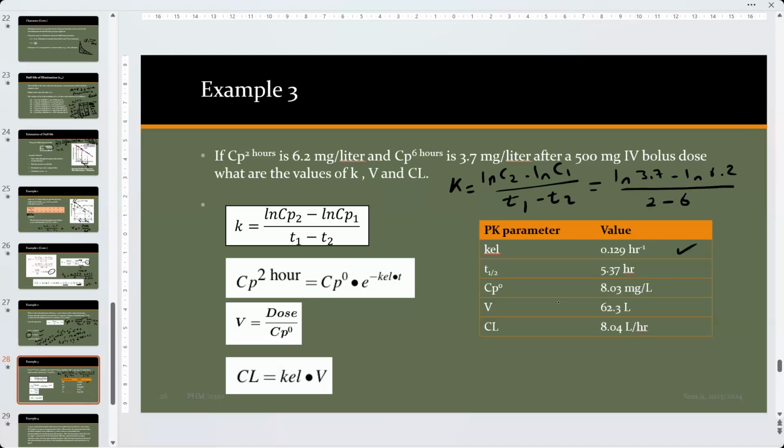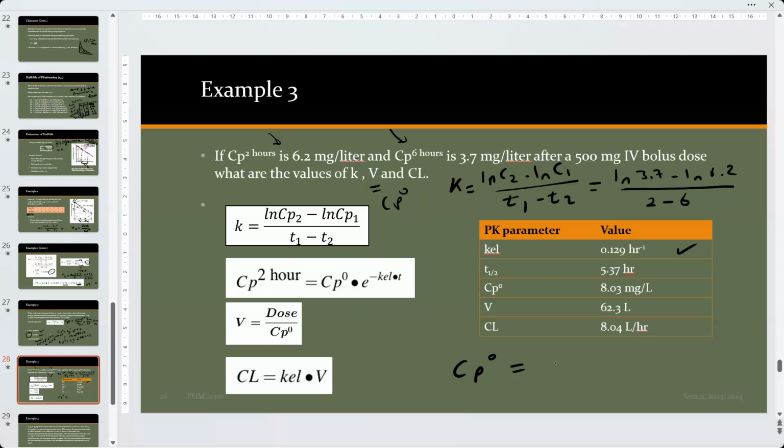Second thing is calculate volume distribution. To calculate volume distribution, you need CP node. So how to calculate CP node? Since I know K, I can calculate from this or from this, from any of them. So you can say CP node equal to, you remember before the second concentration equal to CP node times e to the power negative KT.